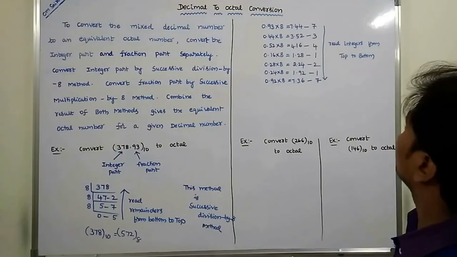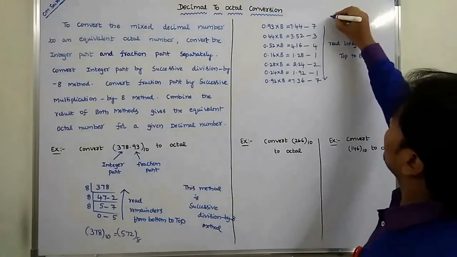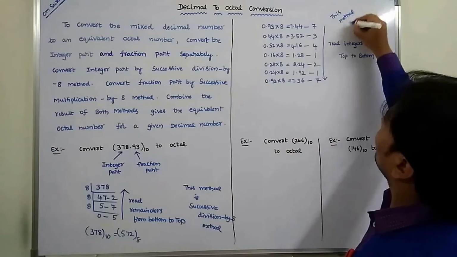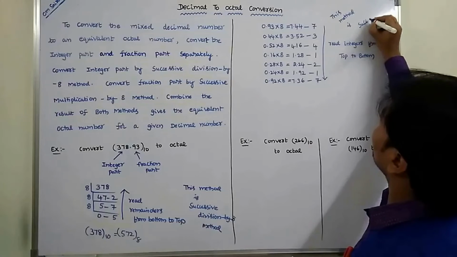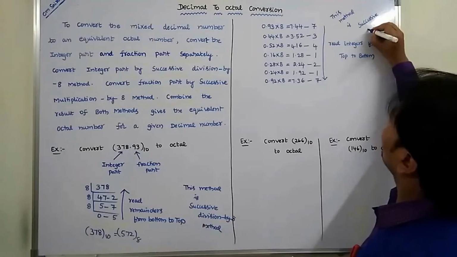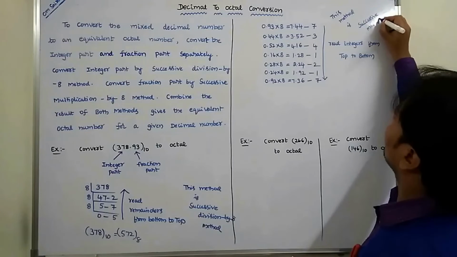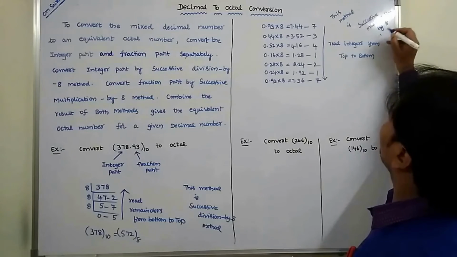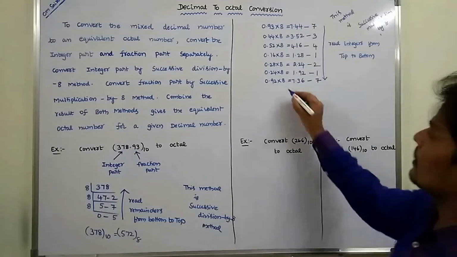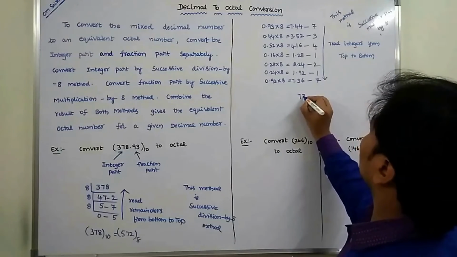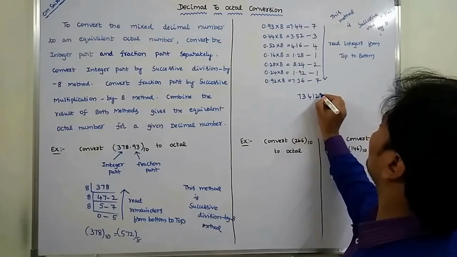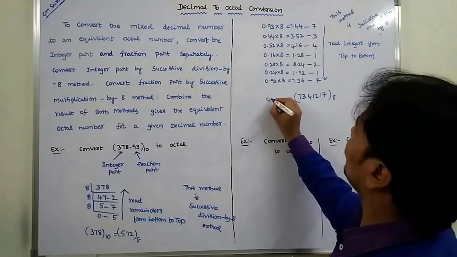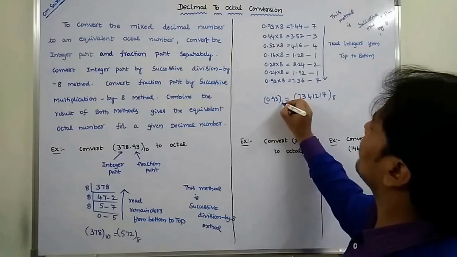Okay, so this method is successive multiplication by 8. So the result is 7341217 base 8, that is equal to 0.93 base 10.